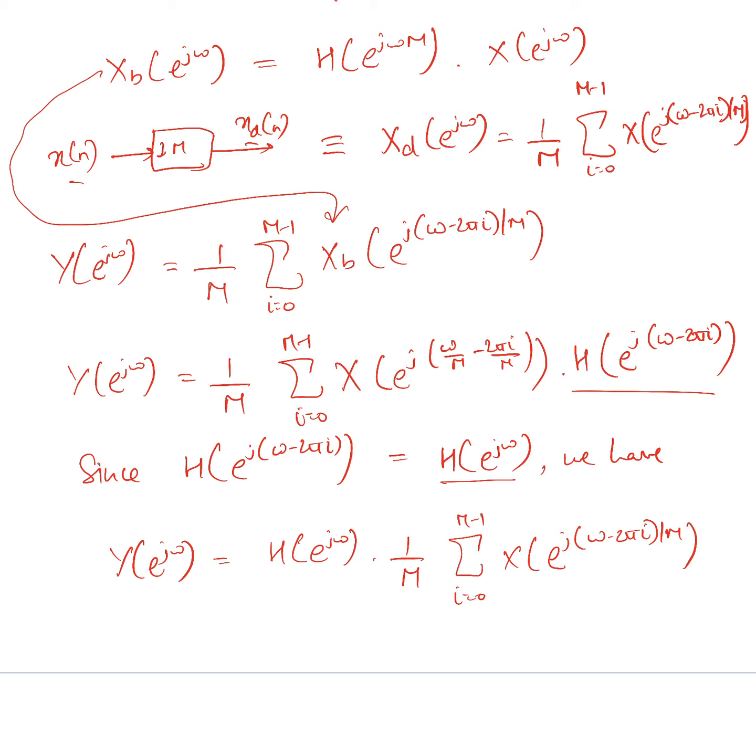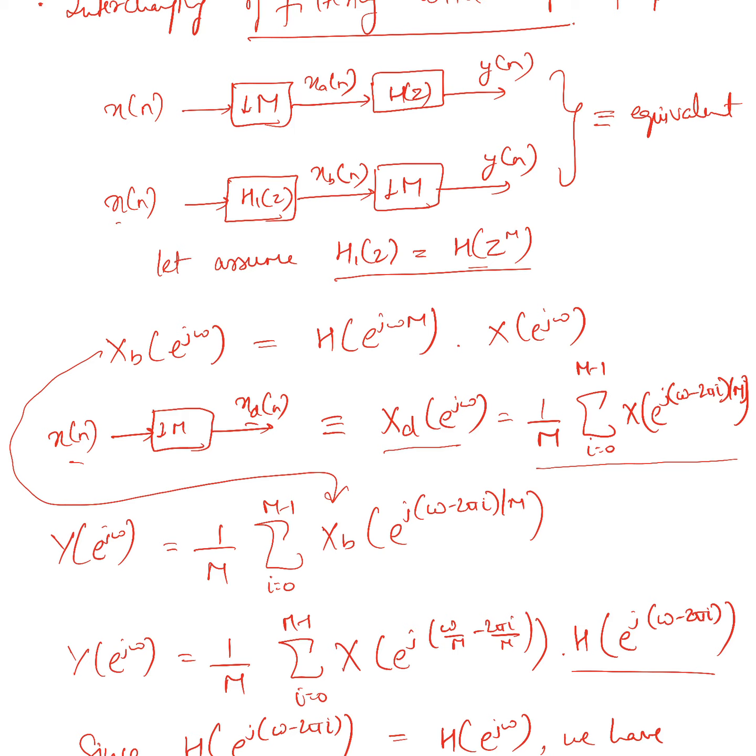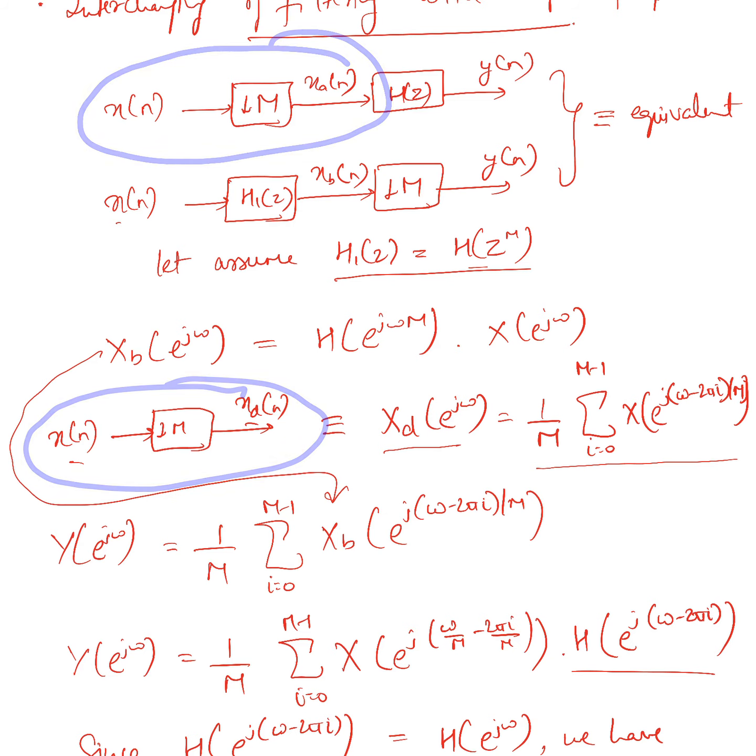Now see that this is equivalent to this, and the output is xd, but this block diagram is in fact equivalent to this one. So whatever your xd is, our xa is.